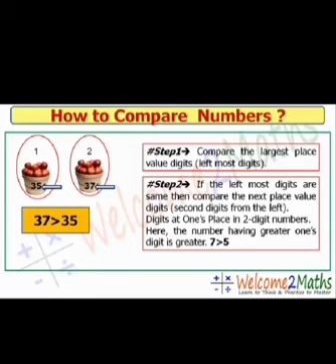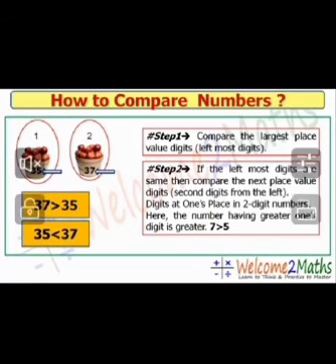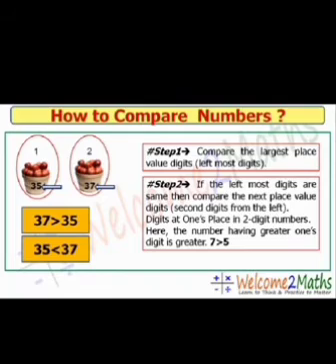You can see that the number having the greater ones digit is greater, that is 7. 7 is greater than 5. You can write 37 is greater than 35. And we can also write 35 is less than 37.